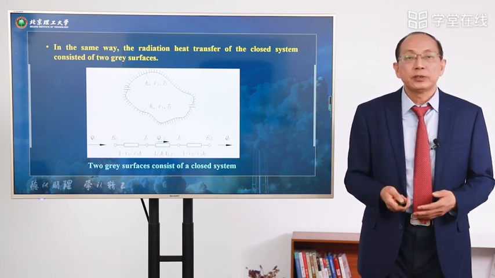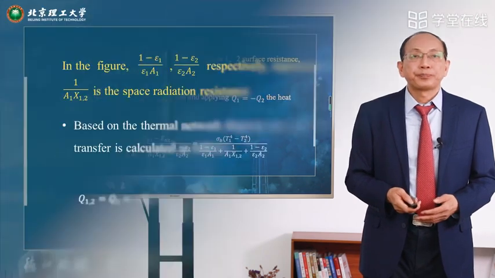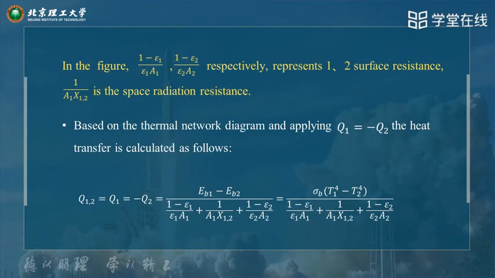Very typical. For the figure, (1 minus epsilon 1) over epsilon 1 A1 and (1 minus epsilon 2) over epsilon 2 A2 are, respectively, the surface 1 and surface 2 resistances, and 1 over A1 x1 to 2 is the space radiation resistance.